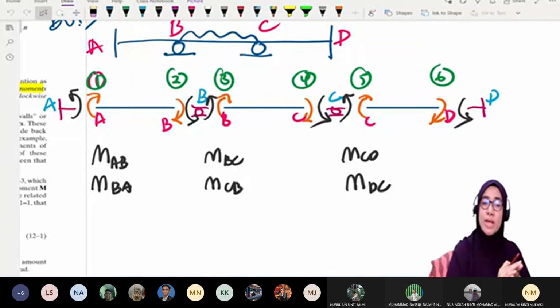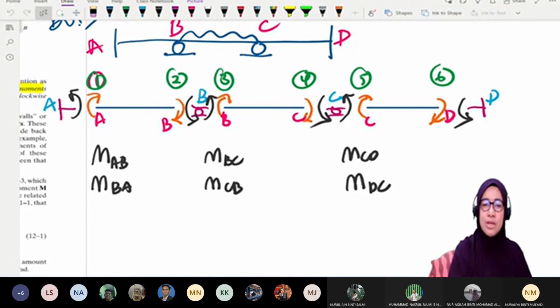Okay, this is the first assumption. Of course, after calculation we will get the real values. Some may be positive, some negative because it depends on loading. But this is the beginning of the analysis. We have to set in mind clockwise is positive for member end moments.